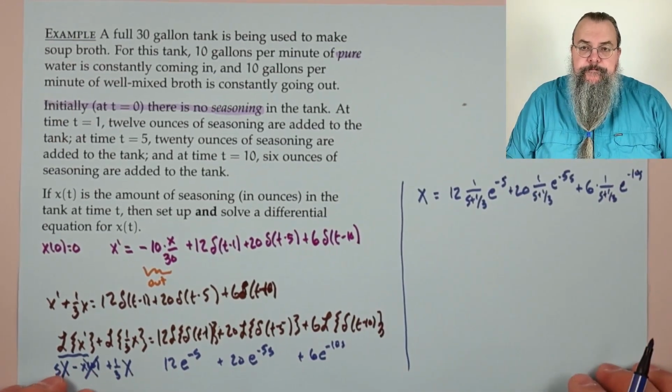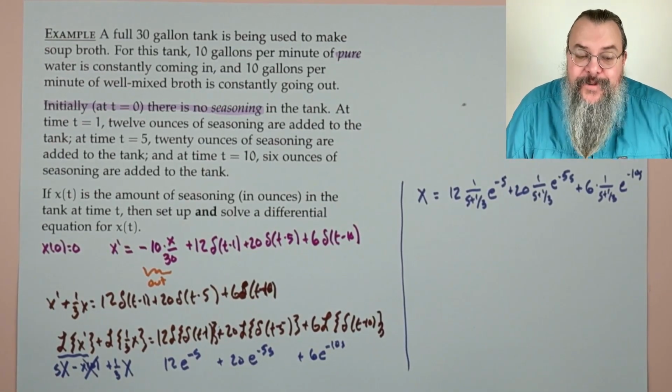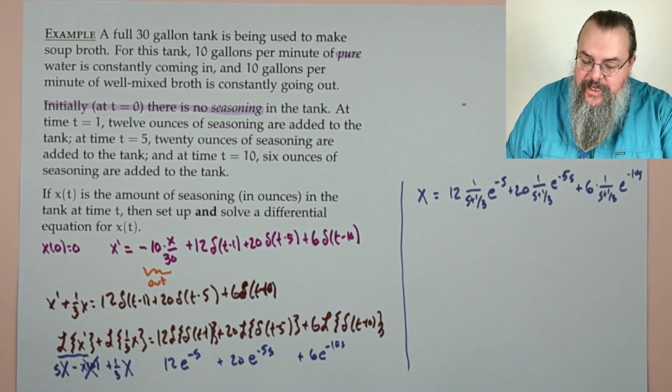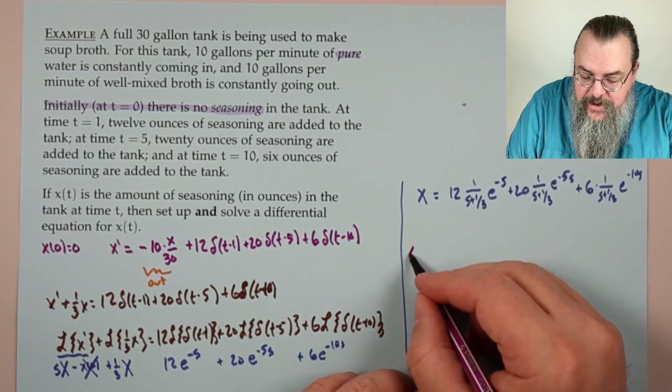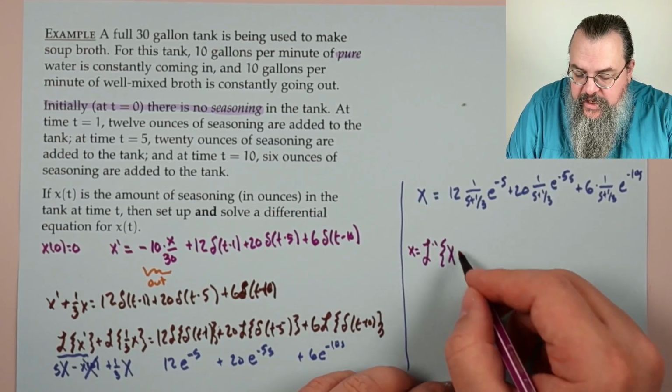All right. Well, what's left? Well, we take the inverse Laplace. So we have little x, inverse Laplace of big X.